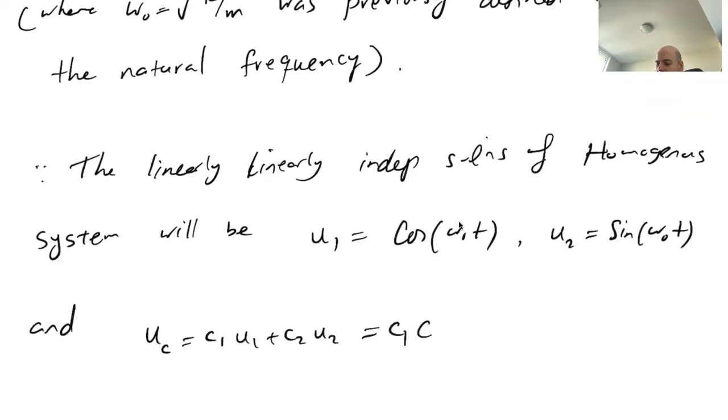So c1 cos omega naught t plus c2 sine omega naught t.